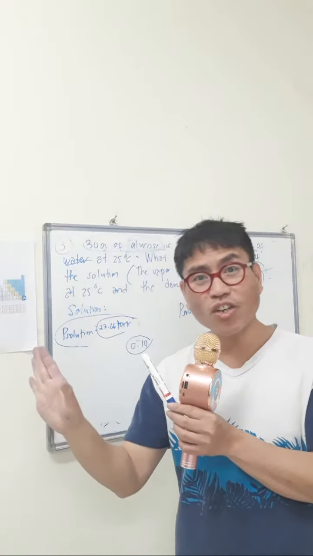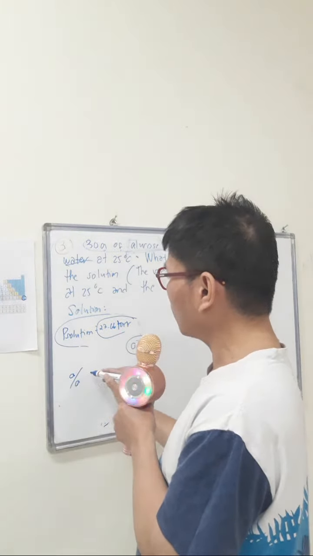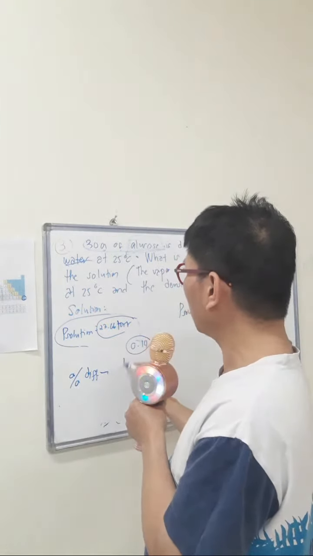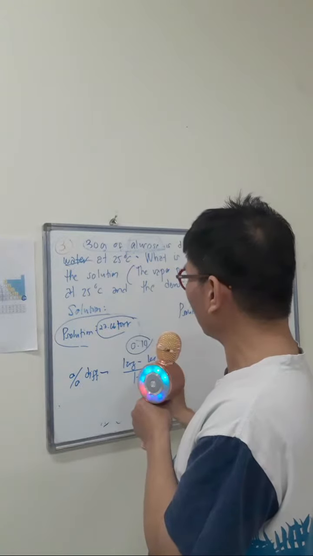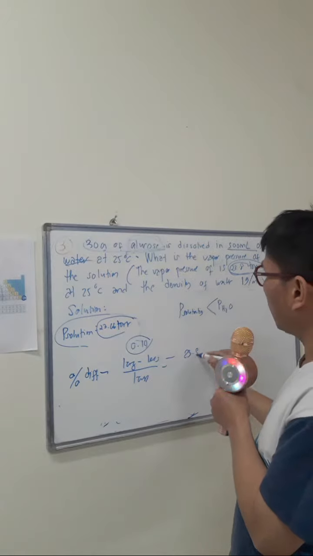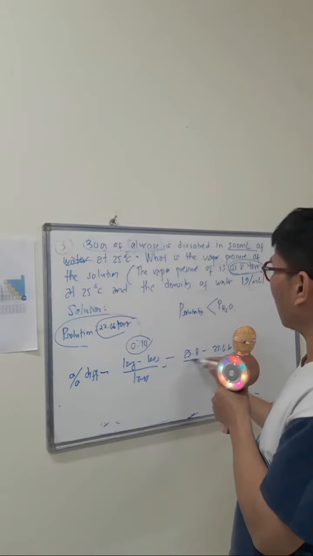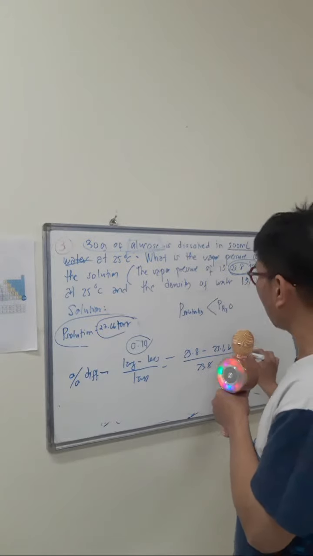Percentage difference is equal to larger minus lesser over larger, times 100, where larger is 23.8 and lesser is 23.66.